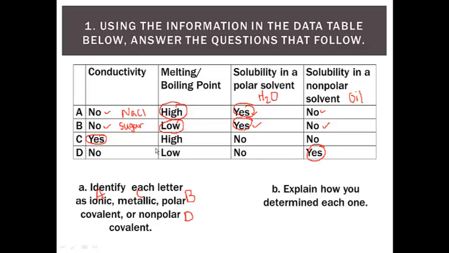You can't melt salt on your stove. You can dissolve it really easily in water, but you can't melt it. C is our metallic, so that could just be like gold or silver or whatever. Pick your favorite. Nonpolar covalent, these are a little bit more difficult to think of, common household things, but that would be something like oxygen or oil.